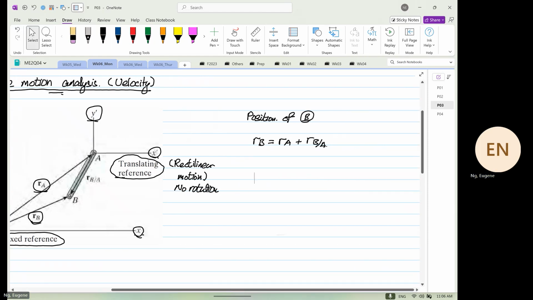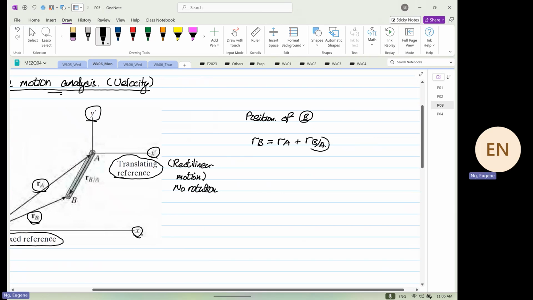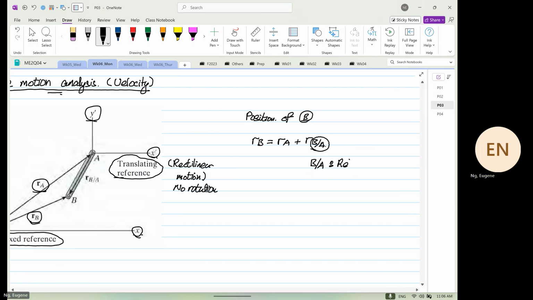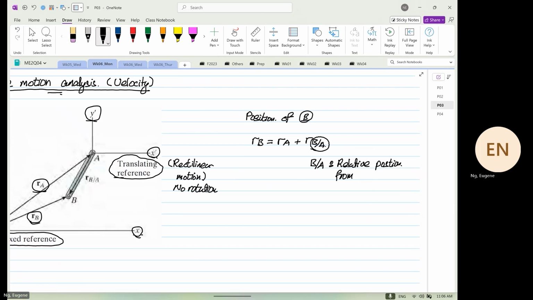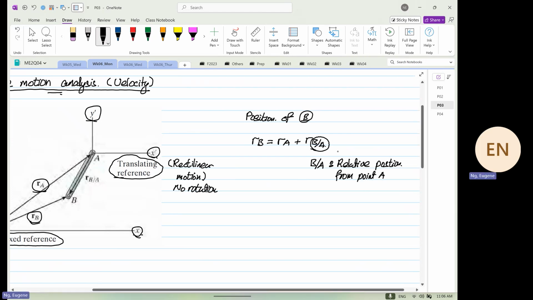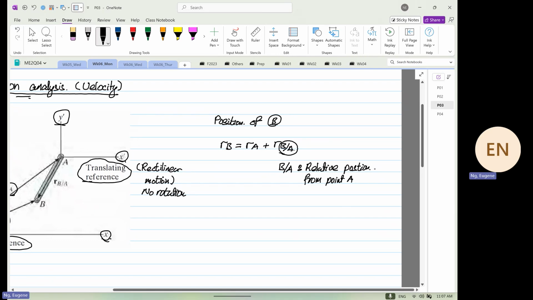When we write B over A, that is basically the relative position of point B from point A. Anything at the denominator is your reference point.